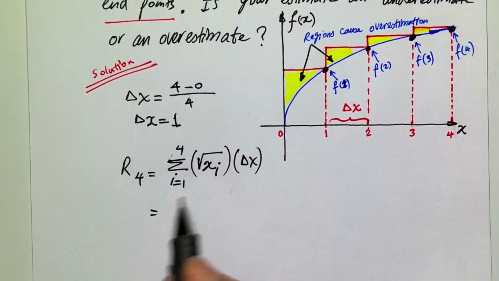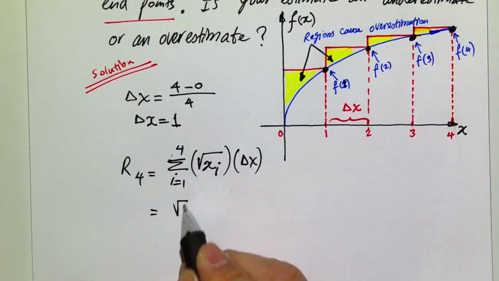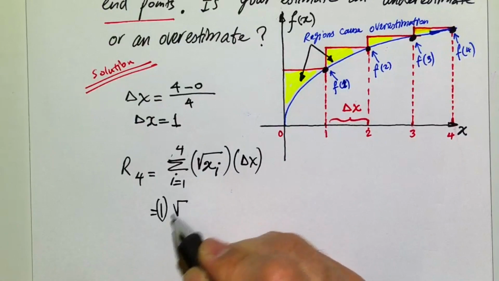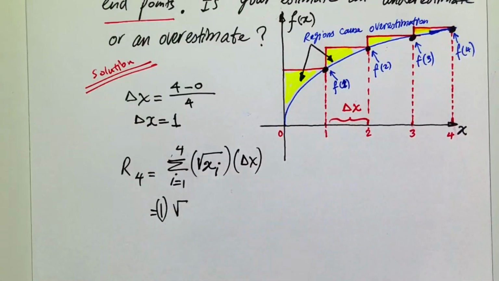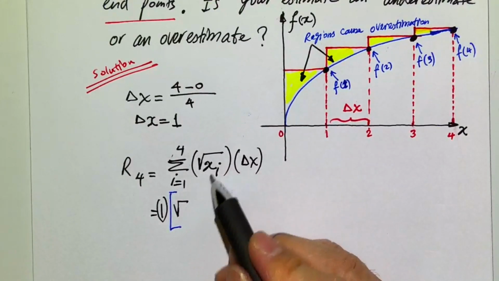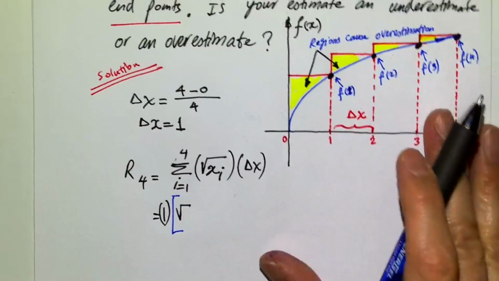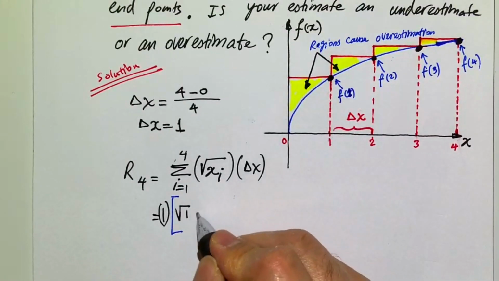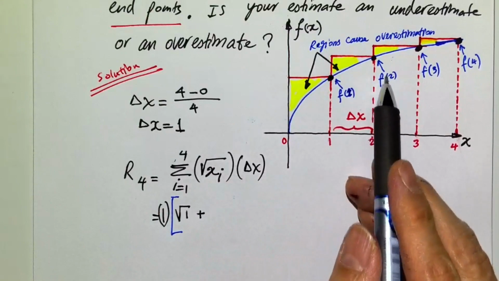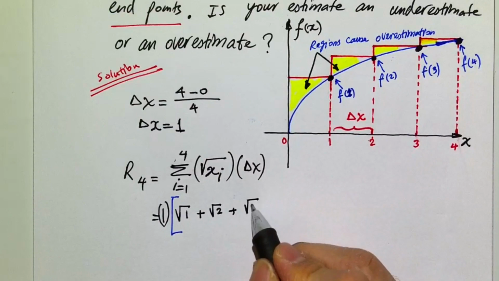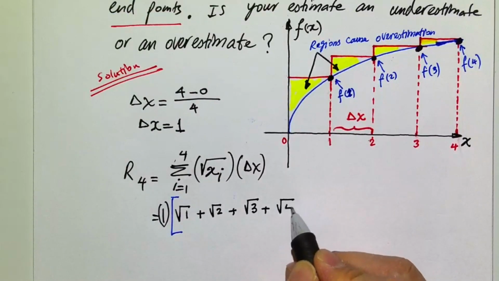So we'll have, move this up a little more. So we have square root of 1, it's just going to be out here, right? That's delta x. Let me put it out here in front as a factor. And then each calculation would be square root of 1 plus square root of 2 plus square root of 3 plus square root of 4, of course.